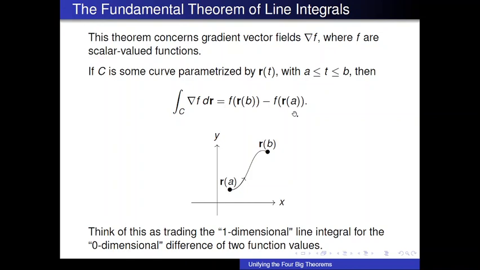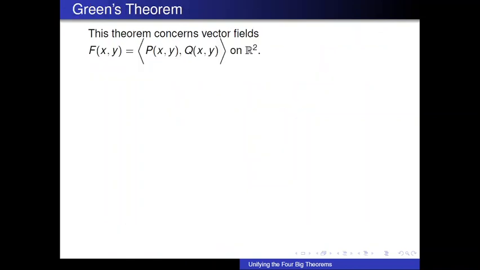That's fine, whatever. Okay, so the next one that we learned was Green's theorem. And this was about vector fields specifically on the xy plane. So the fundamental theorem of line integrals applied in any dimension of space. Green's theorem was really just specific to vector fields on the plane.